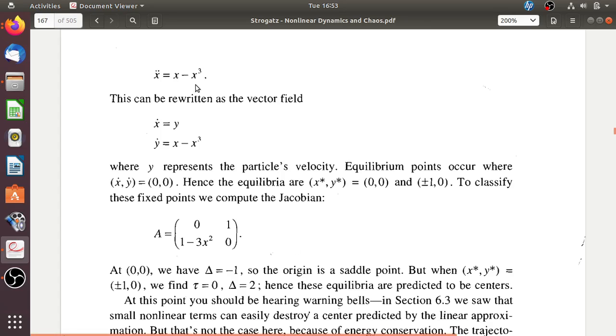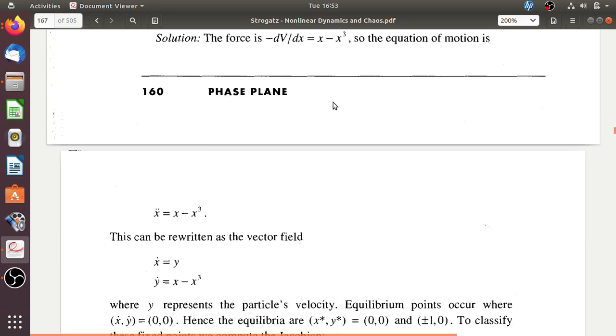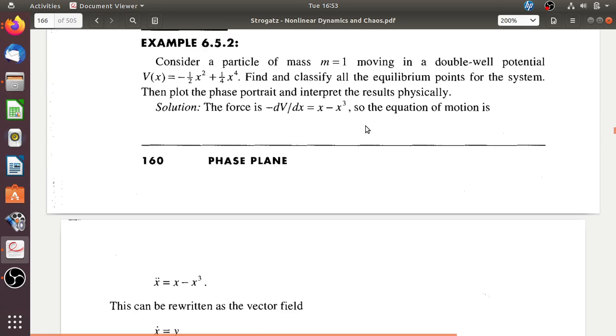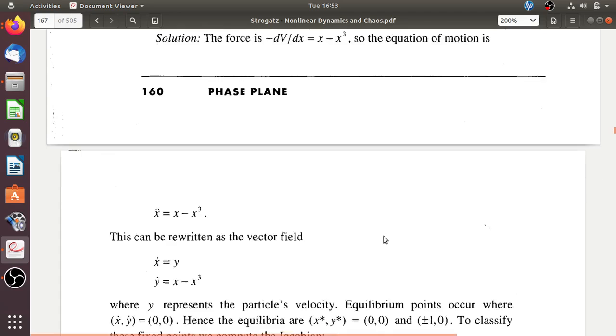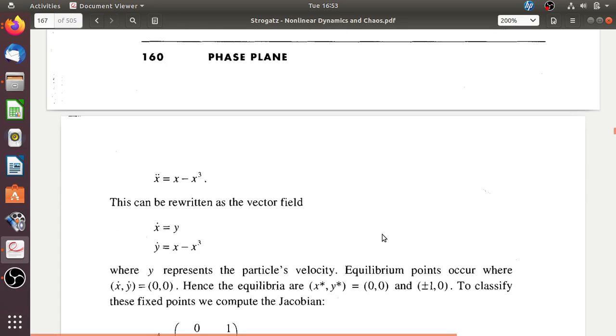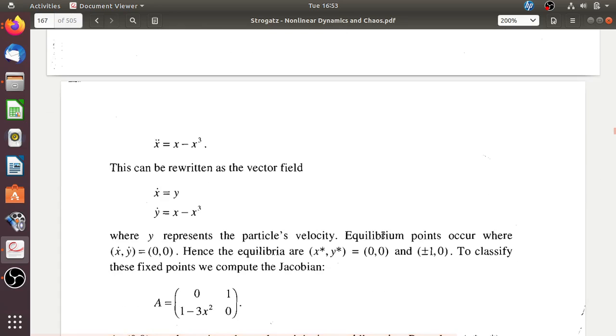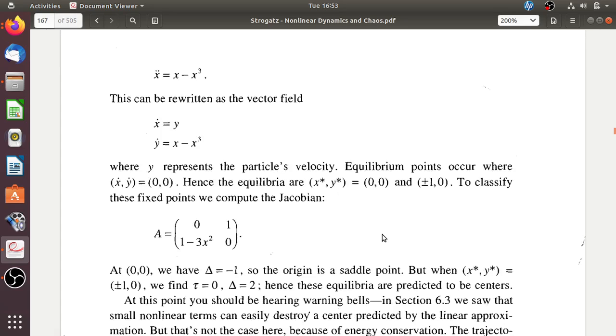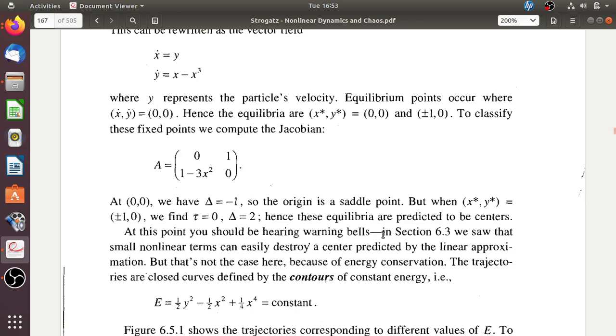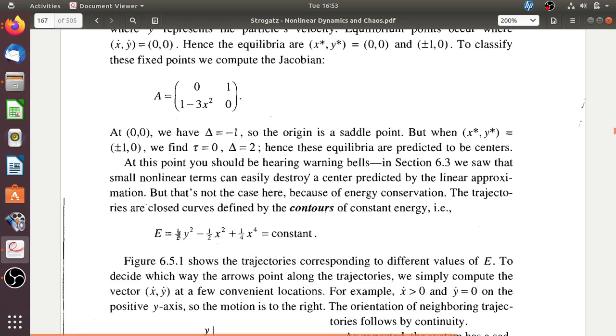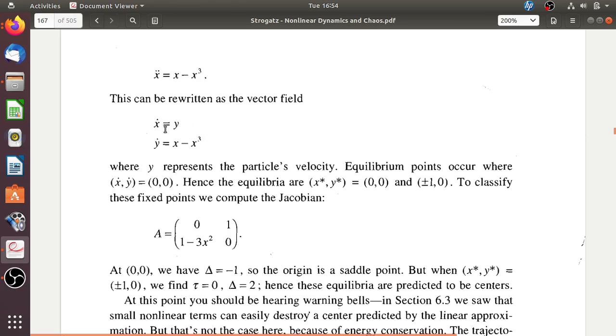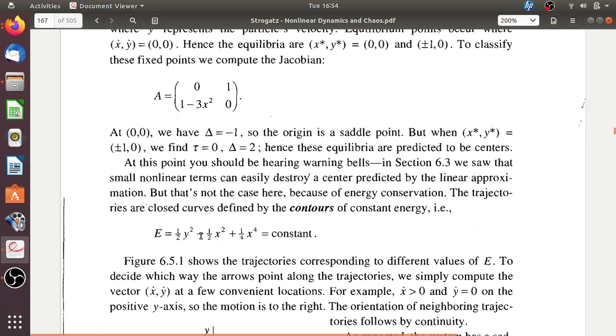Now from the physics, we could say that the energy will be conserved. This is the potential energy, and we know what the kinetic energy will be, and from that we can identify the total energy, which is given in this form. In the place of x dot square, we could substitute this one.